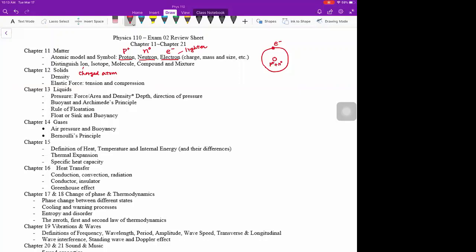That is the ion. Isotope is one of the important ideas. Isotope means you have the same number of protons but the number of neutrons is different. That's what we call an isotope.